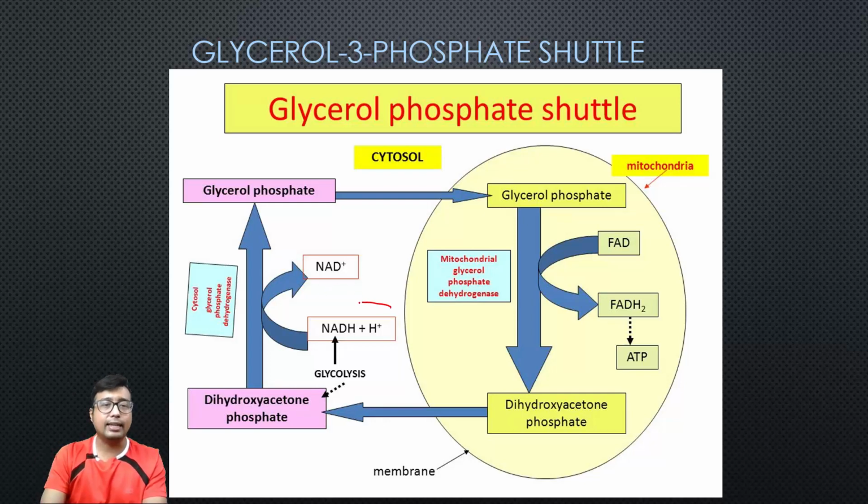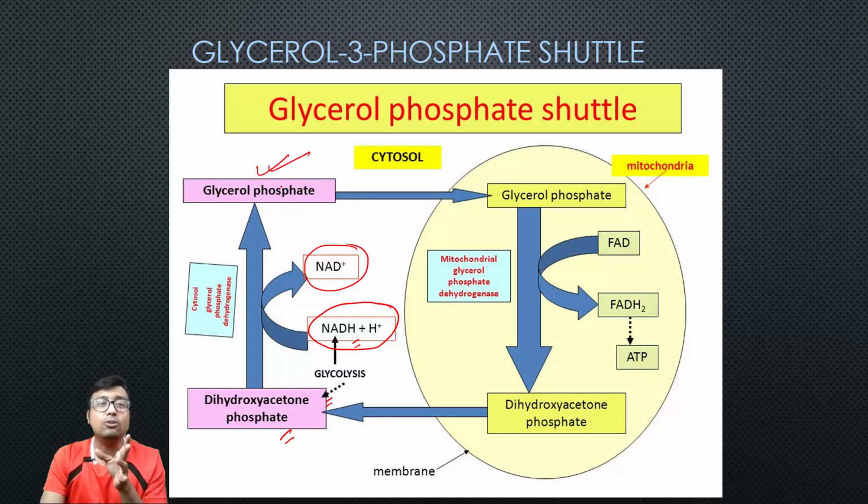See what happens. This NADH needs to be utilized inside the mitochondria. NADH is picked up by dihydroxyacetone phosphate, which is again produced from glycolysis. Glycolysis gives rise to NADH plus H+, and it also gives rise to dihydroxyacetone phosphate. Now this picks up NADH, converts it to NAD+, and itself becomes glycerol phosphate.